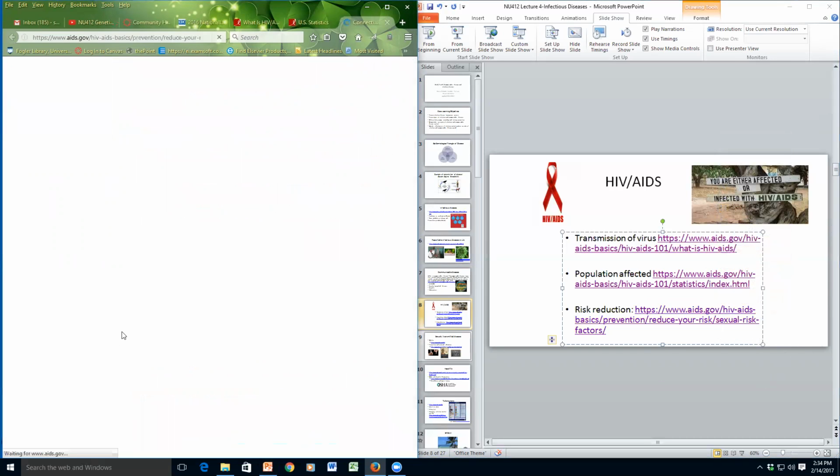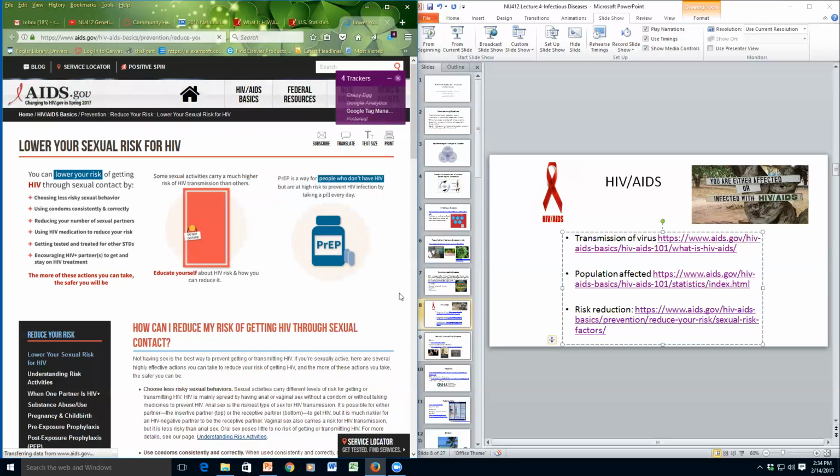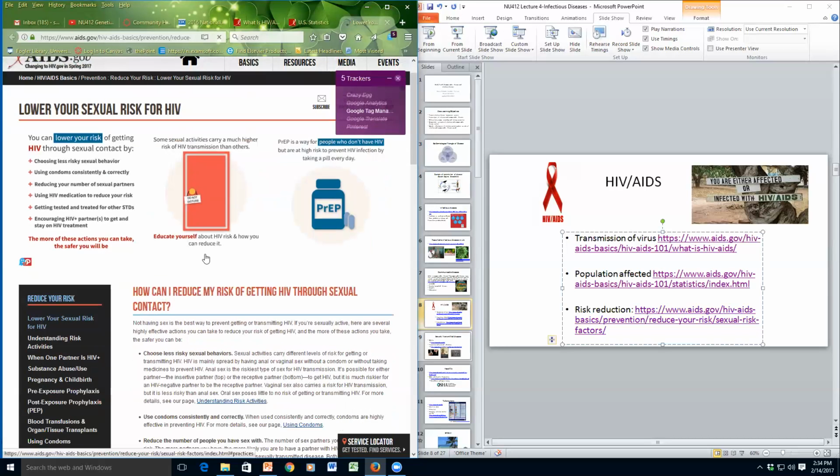Now, as part of the public health network, our primary goal is to reduce infection and sexual risk for HIV. So as nurses, we need to be very familiar with the categories for lowering risk.